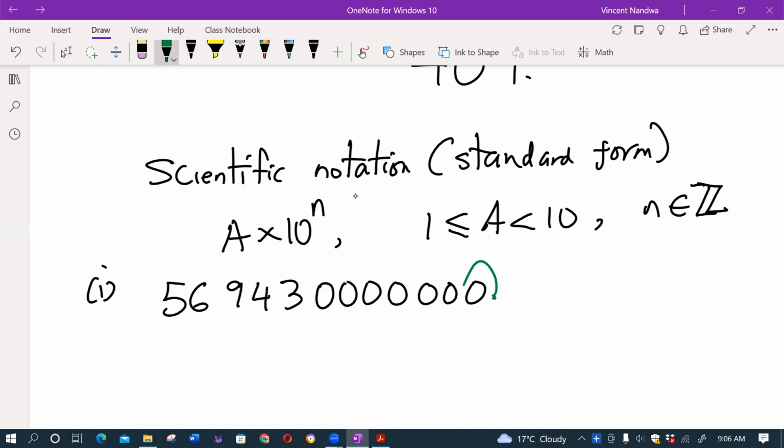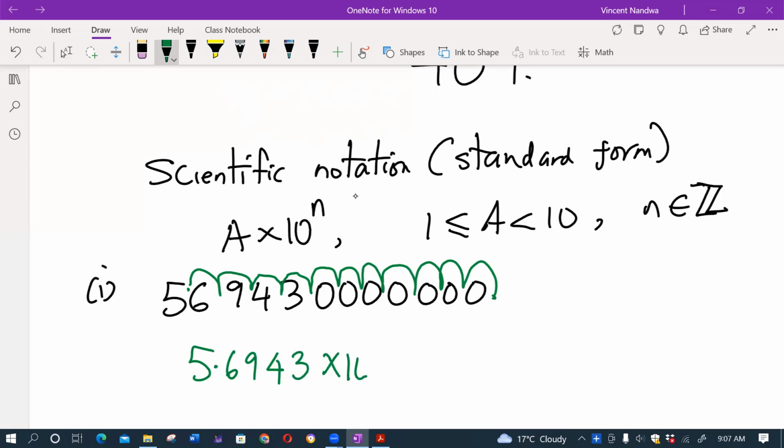That takes 11 steps. So the number will be 5.6943 times 10 raised to power 11. When the decimal point moves to the left, the power becomes positive.